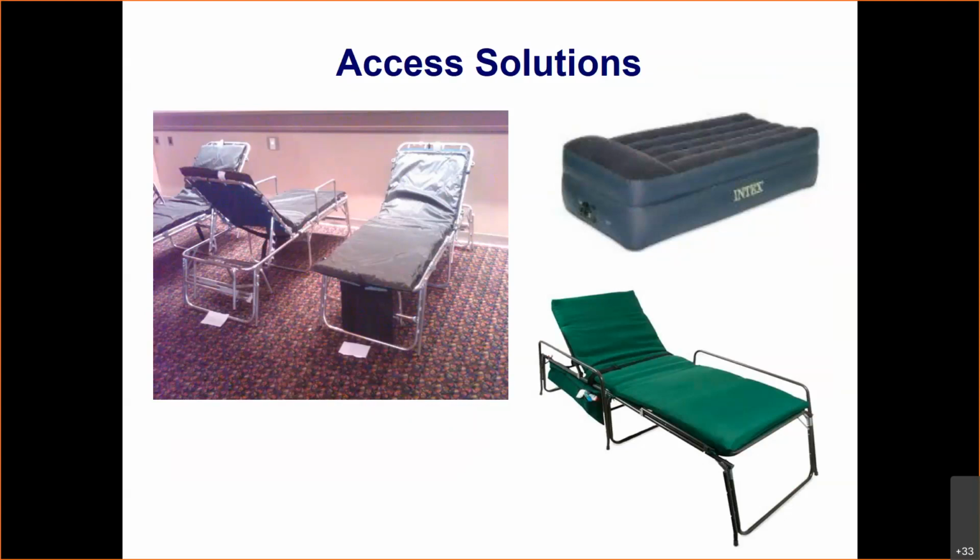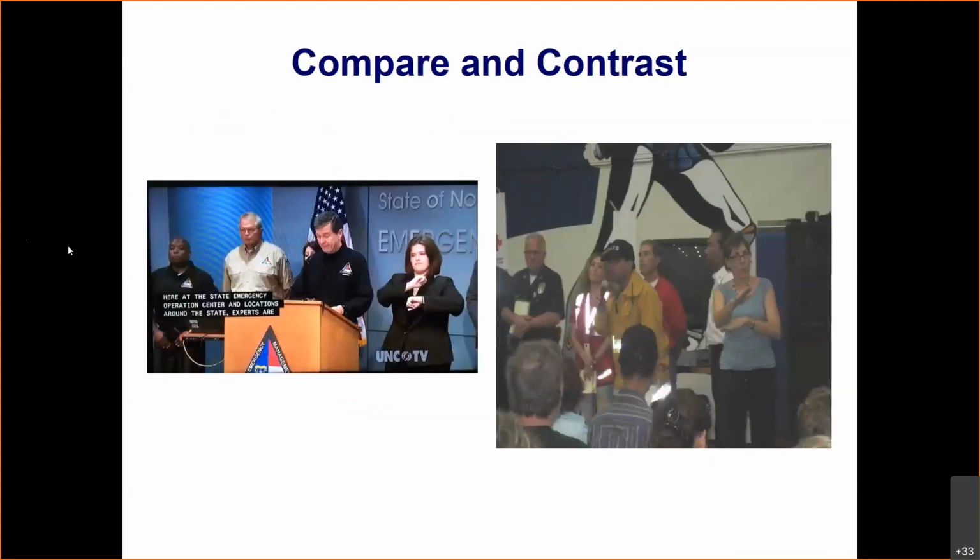So these are some examples of ones that exist in our state and that we have access to. Hopefully the shelter would have a couple of those already on hand, but it may be that you are requesting an accessible cot for somebody who needs that extra support on their sleeping surface. And then we'll do one more.